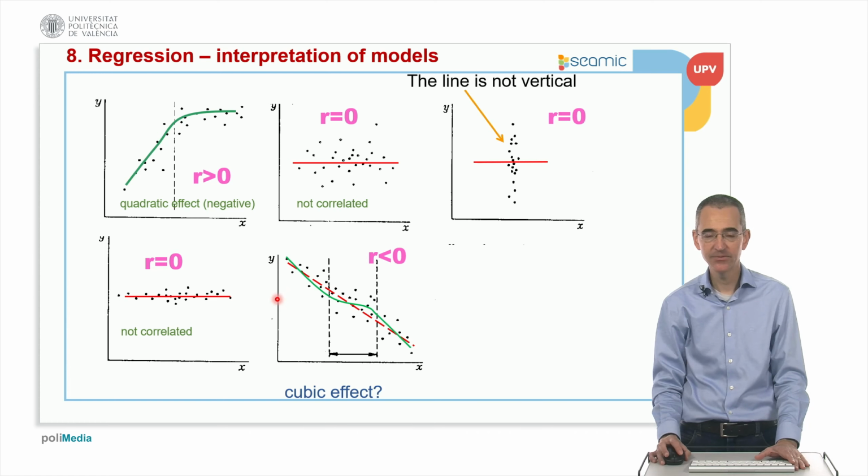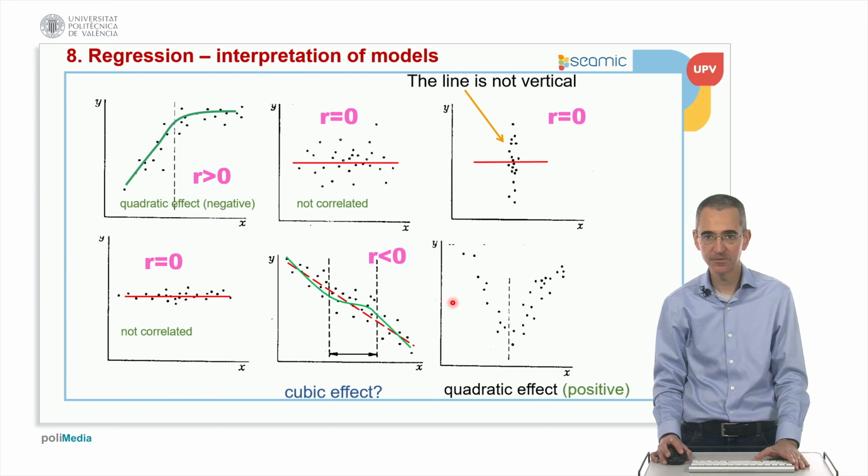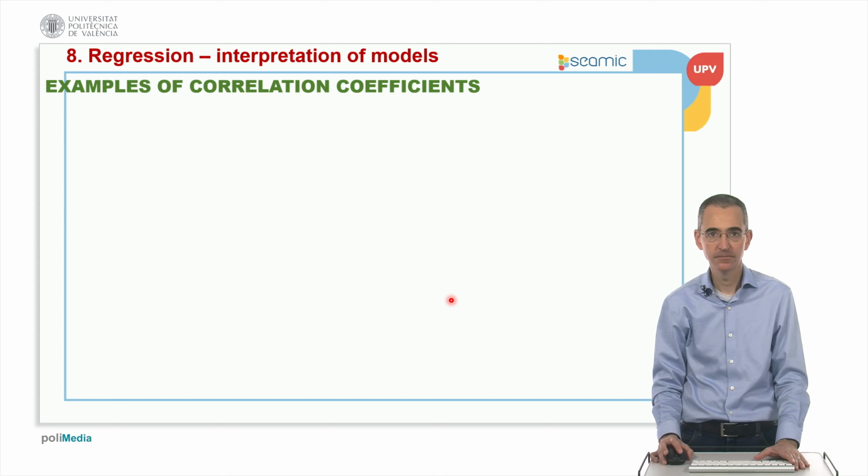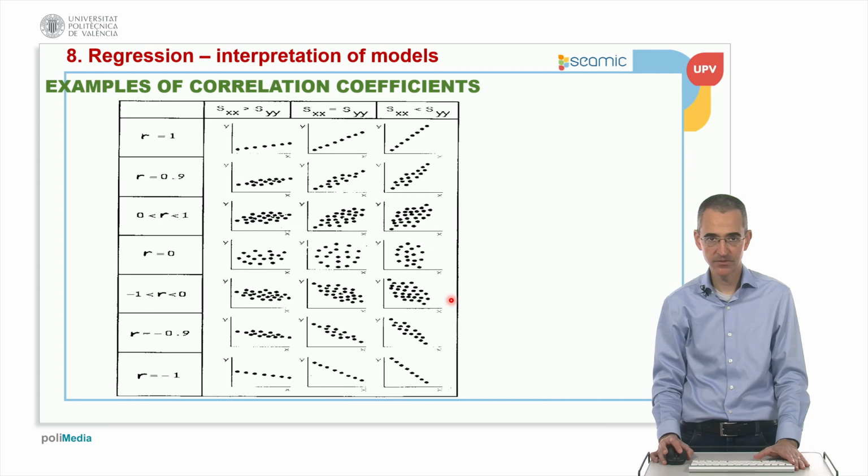So if we have a trend where it goes down, then goes horizontal, and then goes down again, we can fit a polynomial equation with a cubic term to fit the data, and then we can study if that cubic term is statistically significant or not. Well, and then finally, this is an example of a quadratic effect, similar to the one that I explained in the previous slide.